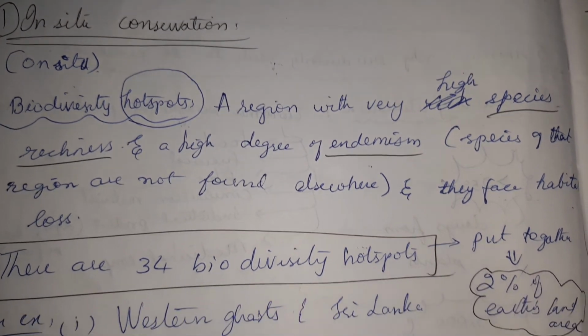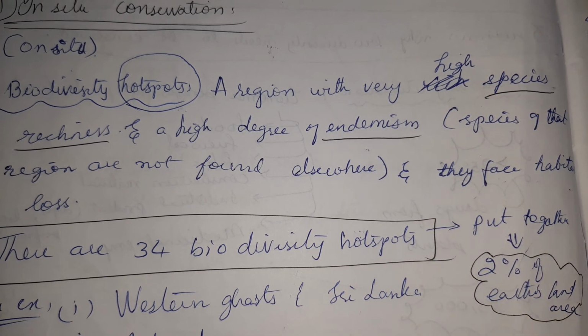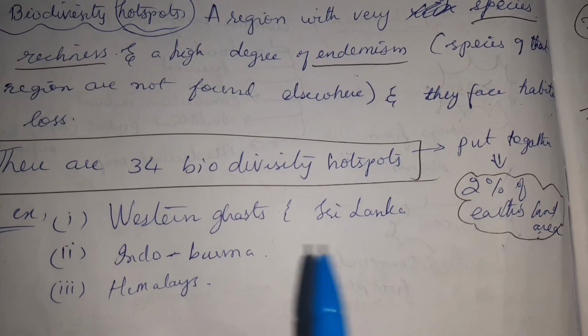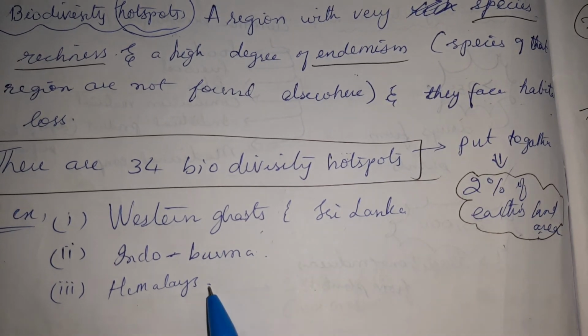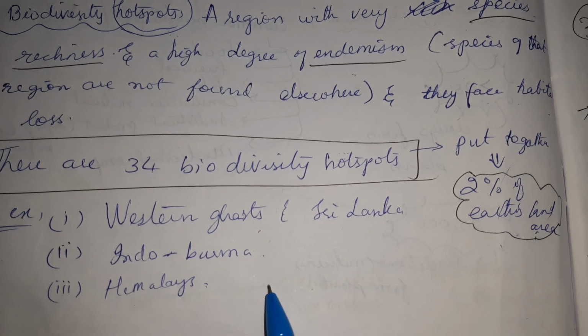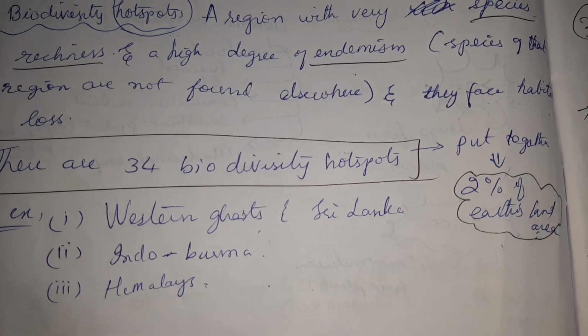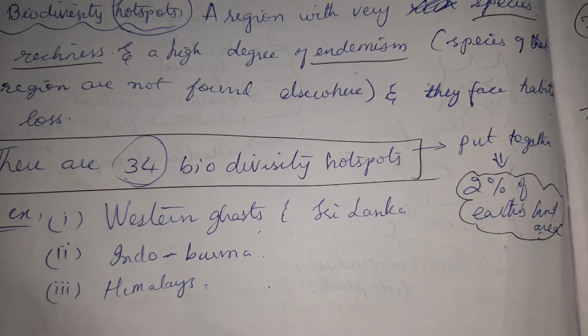There are 34 biodiversity hotspots in the world, and when put together, they account for 2% of the earth's land area. For example, we have the Western Ghats and Sri Lanka, the Indo-Burma region, and the Himalayas region. These are three examples of biodiversity hotspots in the world. We have 34 in total.